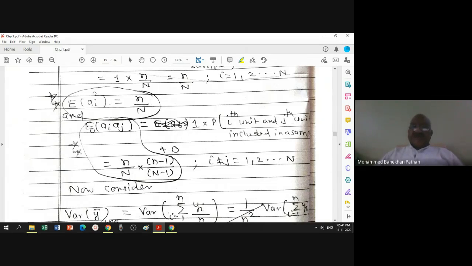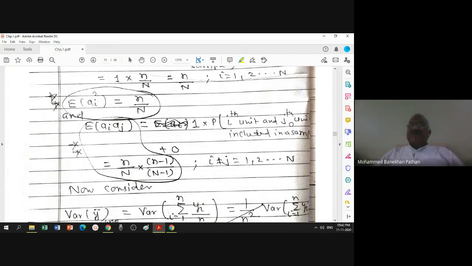So the expected value of the product is 1 multiplied by the probability that the ith unit as well as the jth unit are included in the sample. Now, suppose I speak for the ith unit. Under without replacement, the chance of including the ith unit is n upon N. Now I speak for another unit.